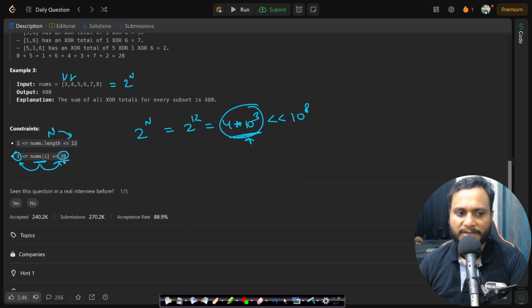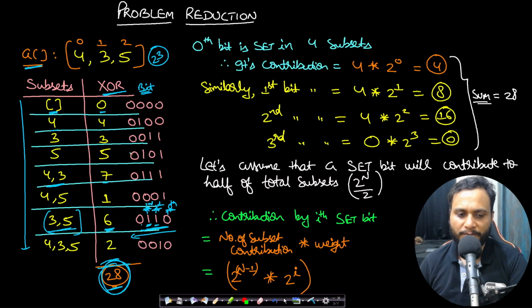In this case, since the maximum number is just 20, it can be represented well within 5 bits. But I will assume it is an integer, so a 32-bit number, right? So I will be checking all the bits from 0 to 31, that is 32 bits, and add each one's contribution. That will also lead us to the same XOR sum value.